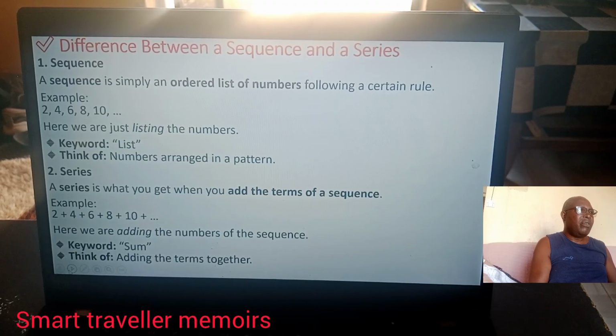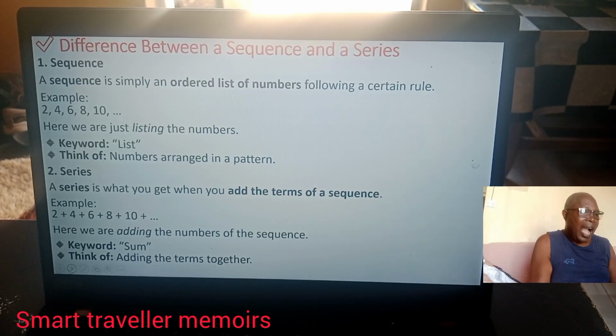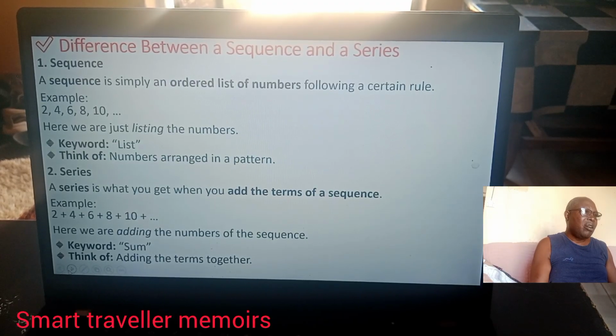And you think of numbers arranged in a pattern. A series, on the other hand, is what you get when you add the terms of a sequence. For example, in the terms up there, we have 2 plus 4 plus 6 plus 8 plus 10 plus and so forth. Here, we are adding the numbers of the sequence. So the key word here is the sum. And you think of adding the terms together.